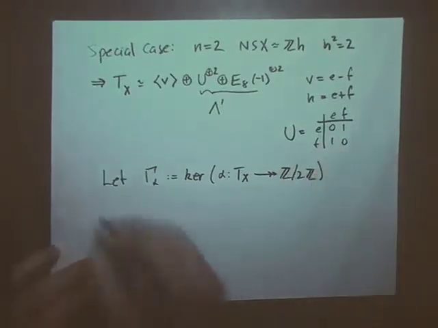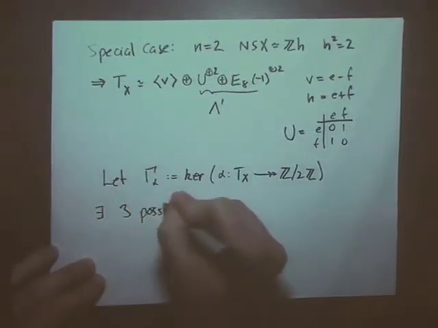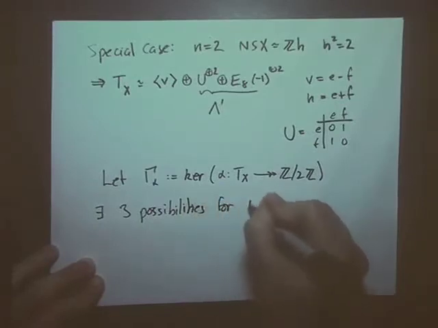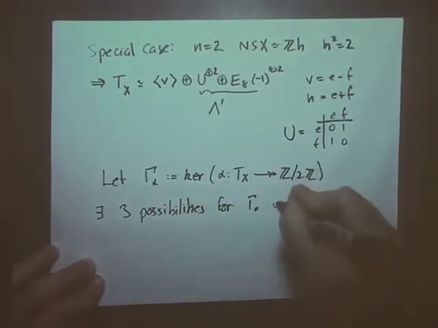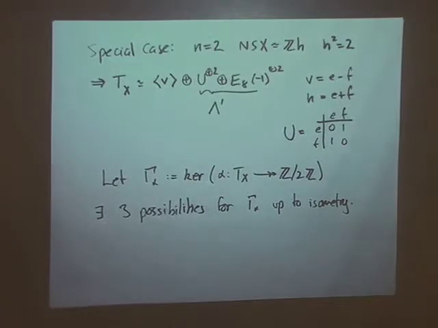And what we saw was that there exist 3 possibilities for this kernel up to isometry. This was a theorem that I attributed to van Geemen during the last lecture. It's in his paper called Some Remarks on the Brauer Groups of K3 Surfaces. It's a real jewel.